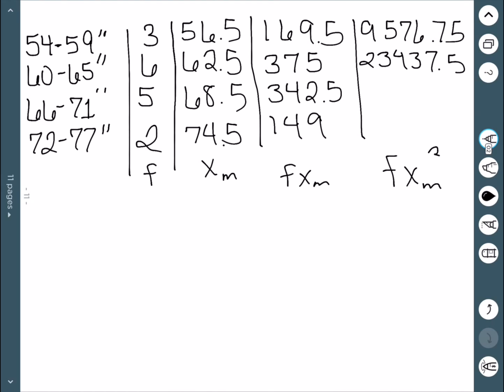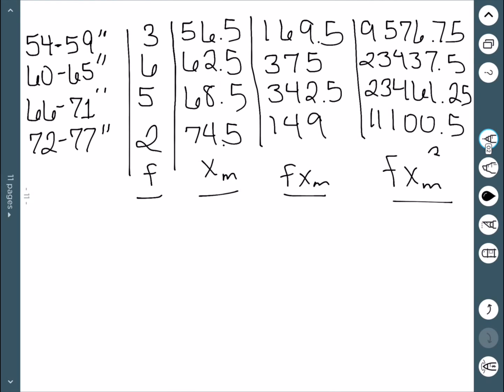The next one, 5 times 68.5 times 68.5, 23461.25. And then finally 2 times 74.5 times 74.5 would be 11100.5. And now I need to sum all 4 of these columns.